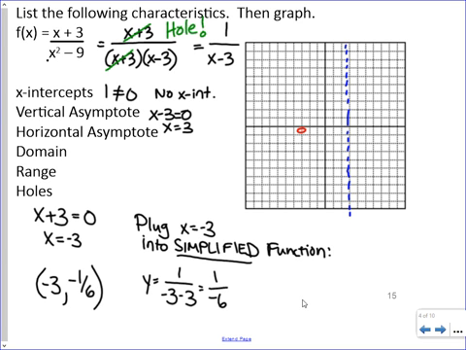For a horizontal asymptote, we're going to check what? The degrees of the numerator and the denominator. What do you notice about the degree of the numerator and the denominator in the original function? They're different, right? The degree of the numerator is 1, the degree of the denominator is 2.